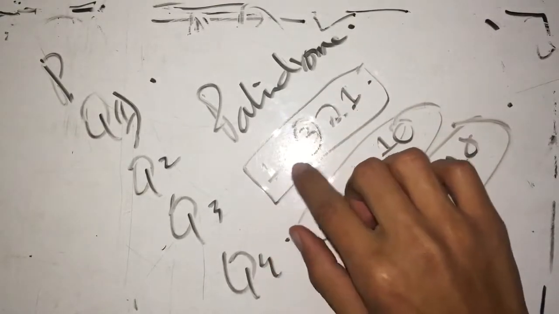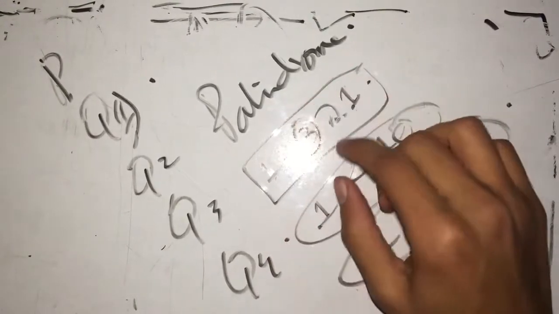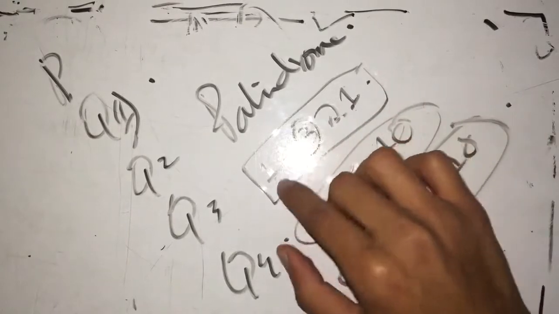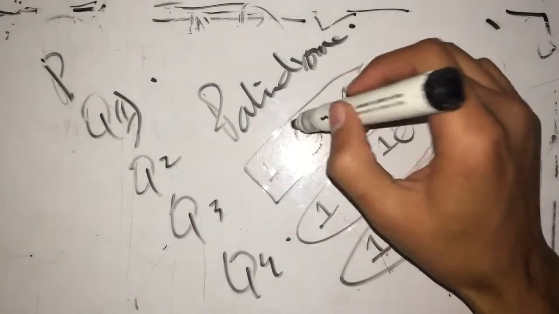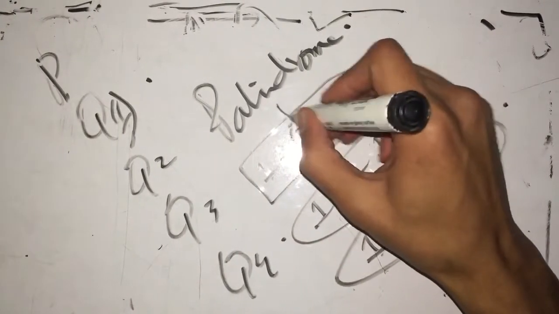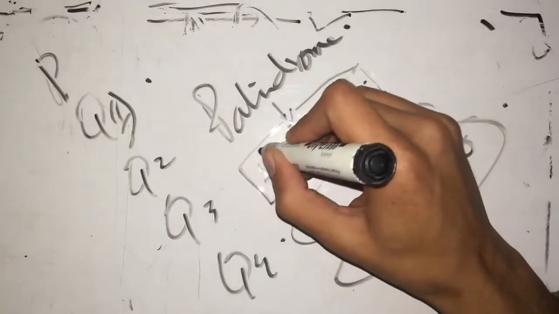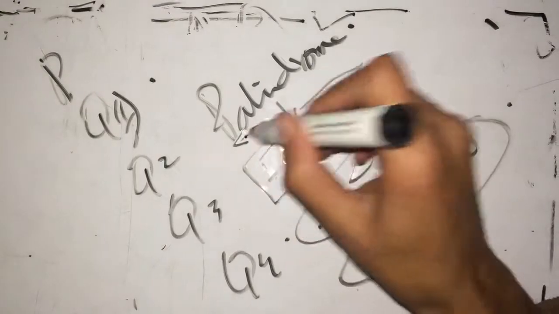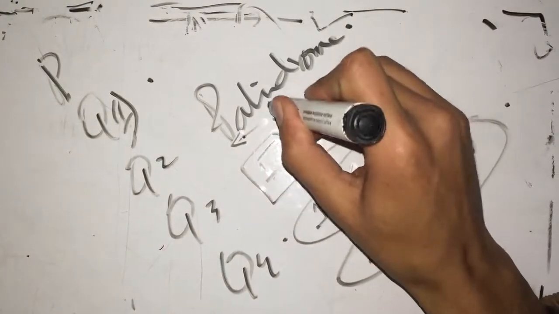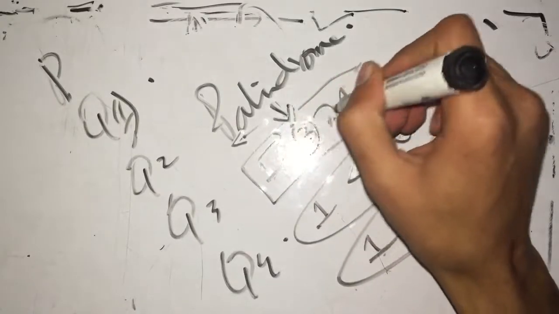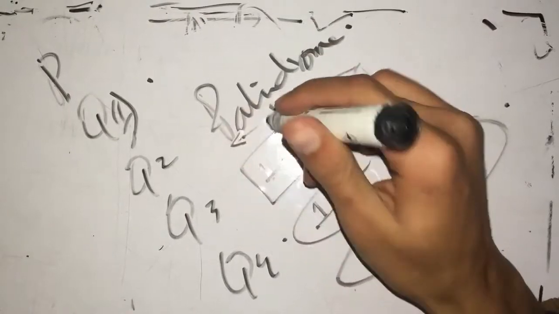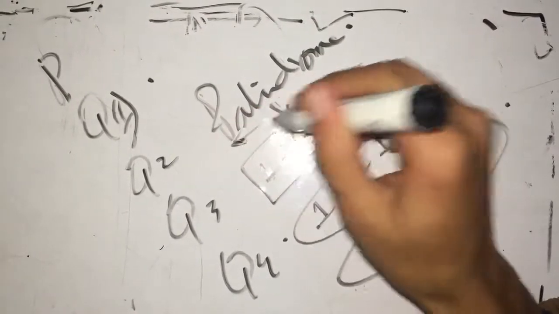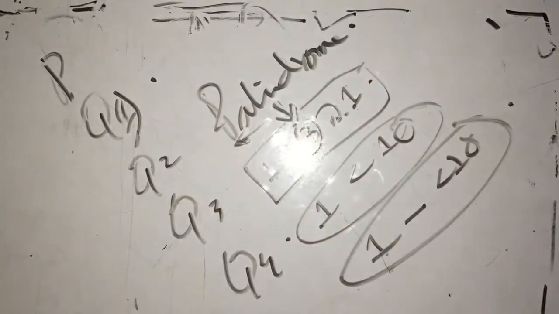The flow of reading becomes opposite after you read the middle number. So there's 1, 2, 3, and then it becomes opposite, so you have 3, 2, 1.